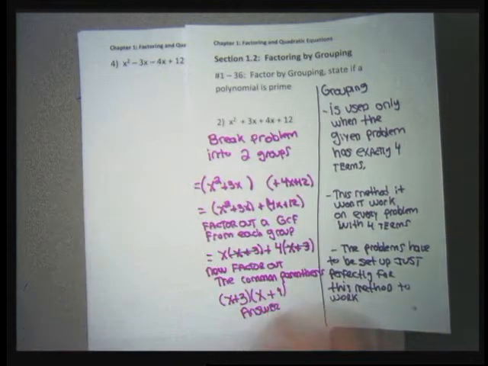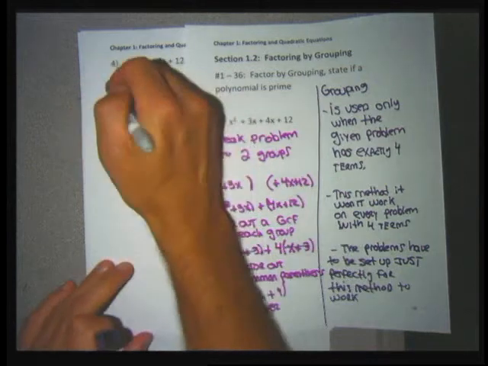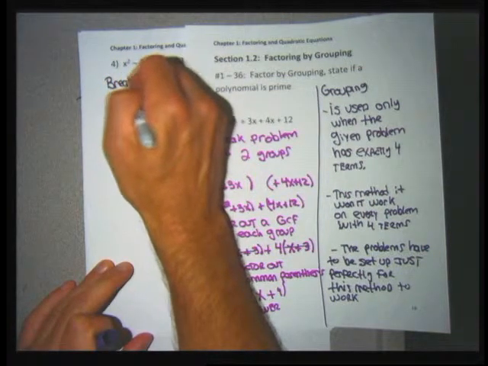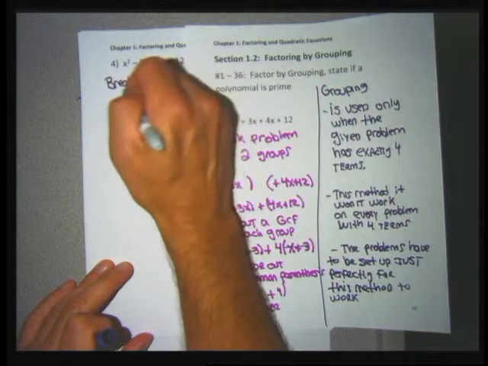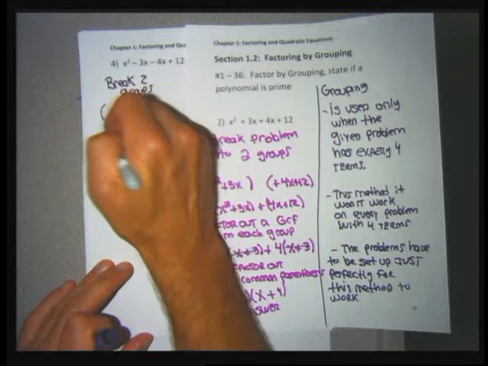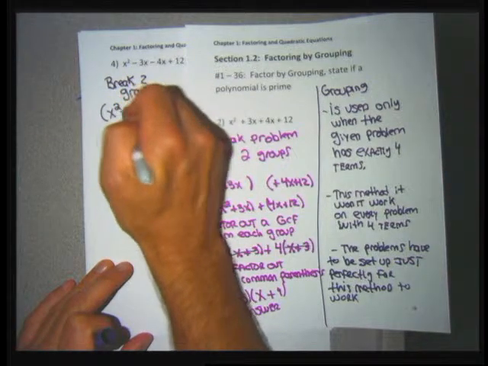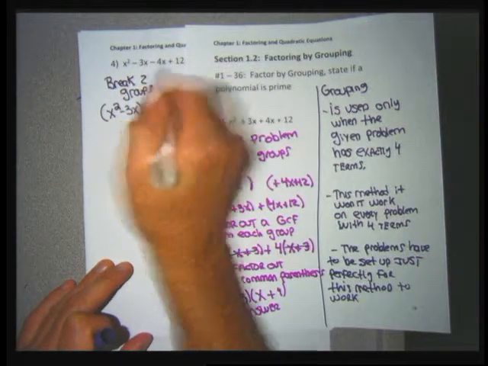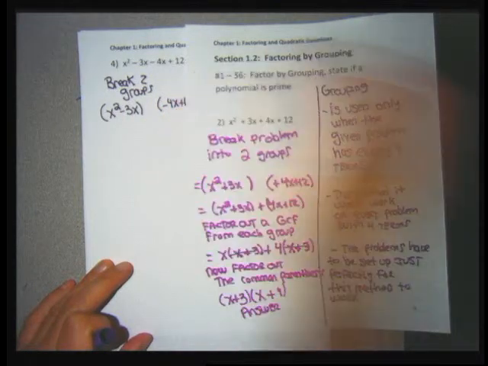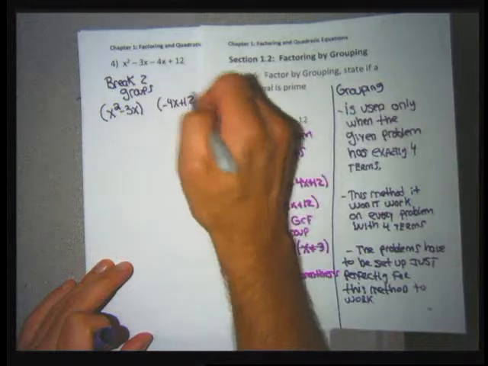But when you have a negative, when you break it into two groups, you do. So first thing I'm going to do is break into two groups. And the negative sign certainly should go inside the second parentheses. So I'm done with the first step.